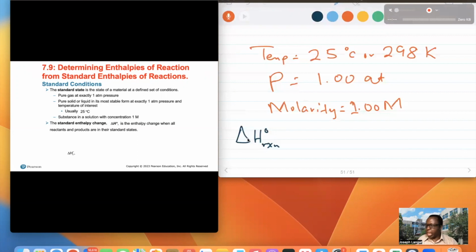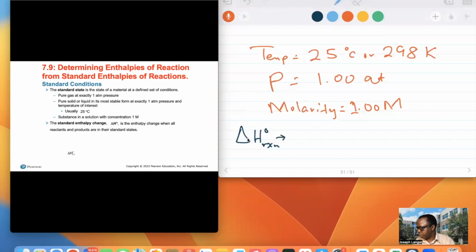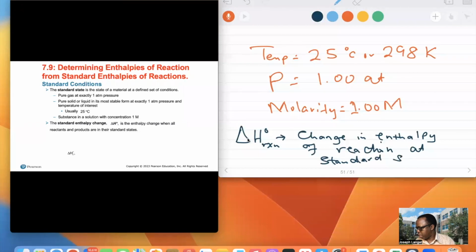You read this as the change in enthalpy of reaction at standard state.